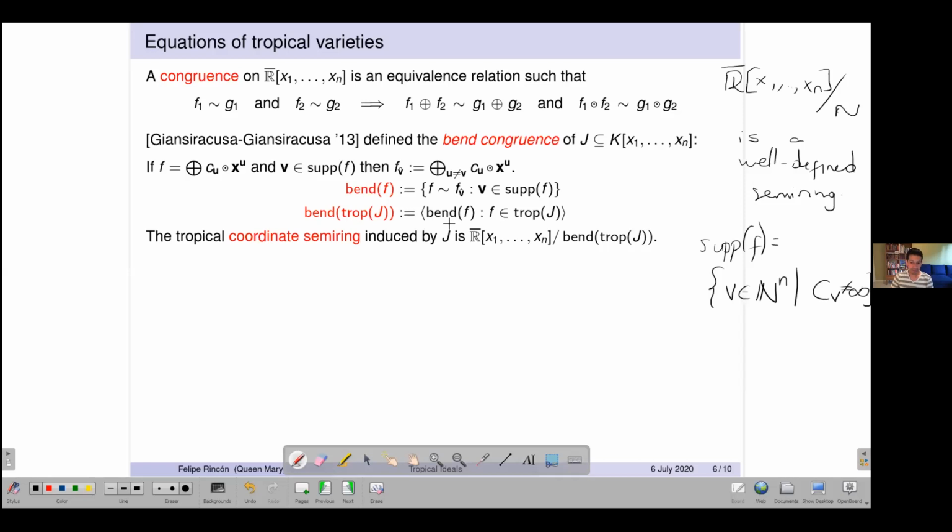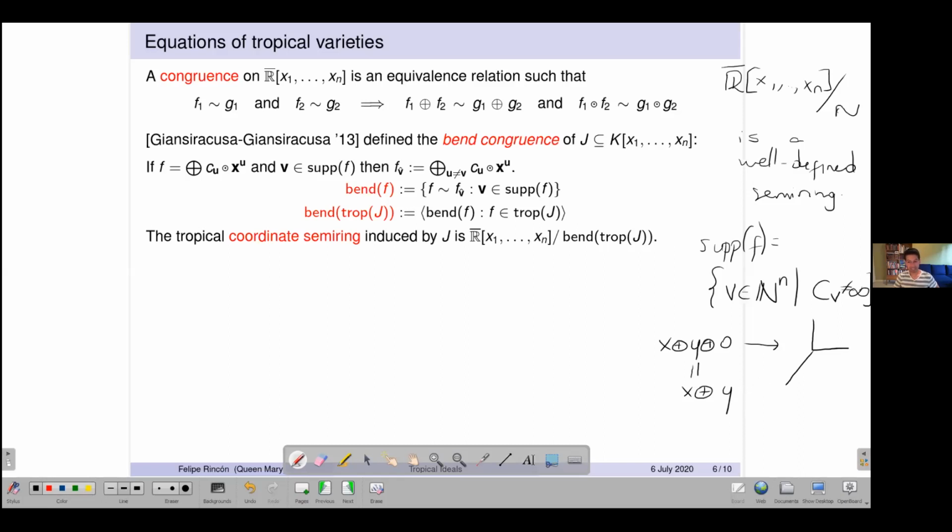And let's do the x plus y plus 0 example. If you have this tropical polynomial, x plus y plus 0, you know that it describes the tropical variety given by the tropical line. So this is the tropical vanishing locus of x plus y plus 0. And on this variety, you note that this tropical polynomial is the same as just x plus y. Why is that?